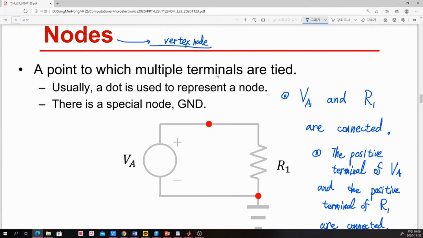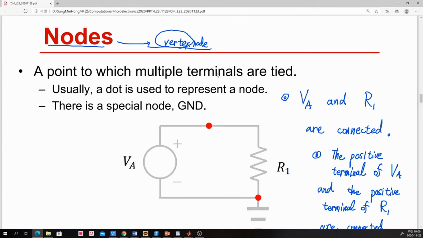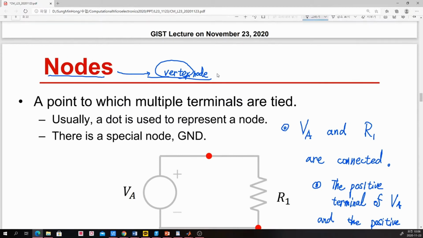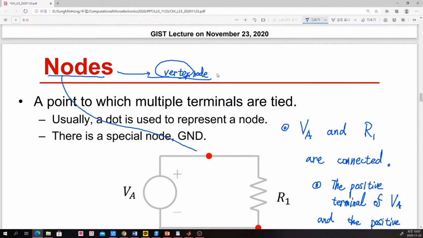If we are working with a semiconductor device simulation, maybe a node corresponds to a certain vertex. However, if we are talking about circuits, then this node corresponds to a connection between multiple element terminals.